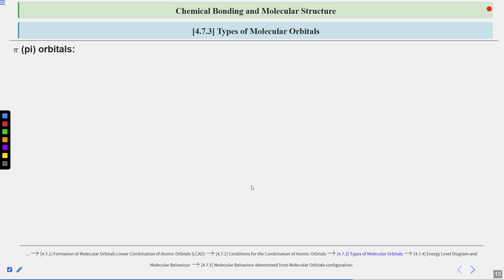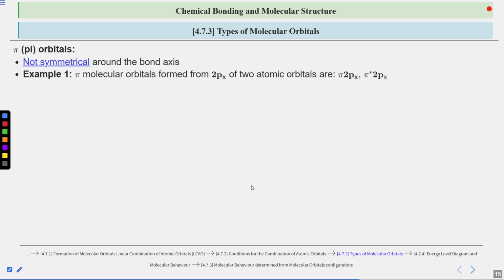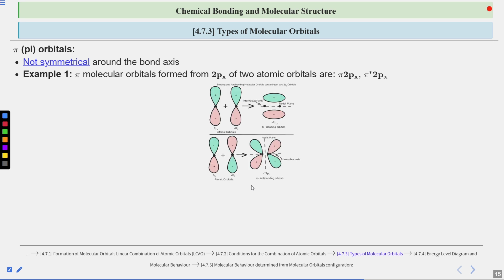Next is the pi orbital. The important point about the pi orbital is that it is not symmetrical about the bond axis. Let us take the example of 2px to understand that. Suppose we have a 2px here. The positive and positive will overlap, and it will give you two cases of orbitals, bonding and anti-bonding.